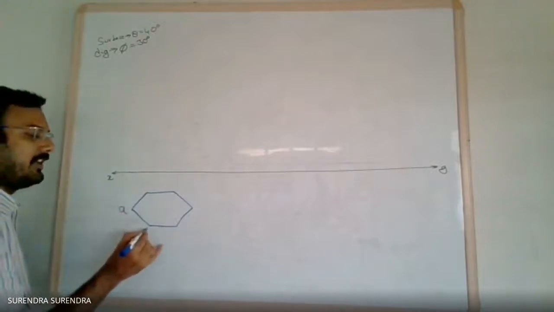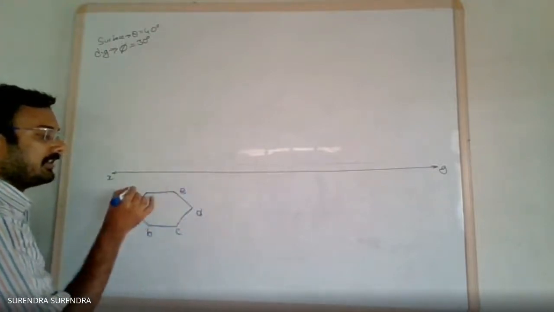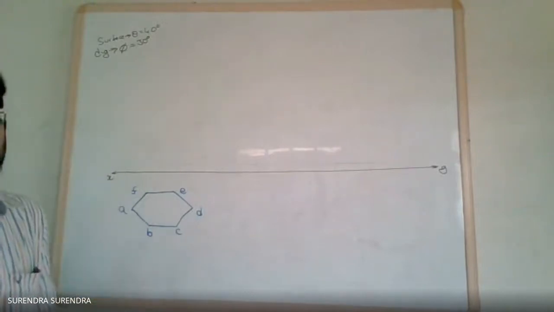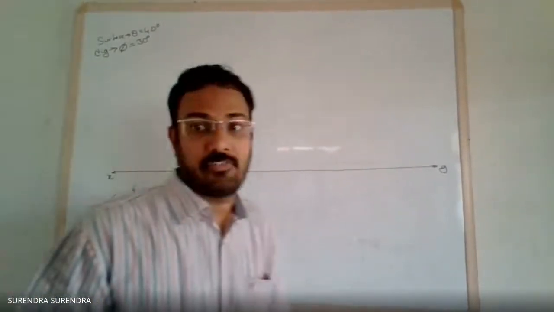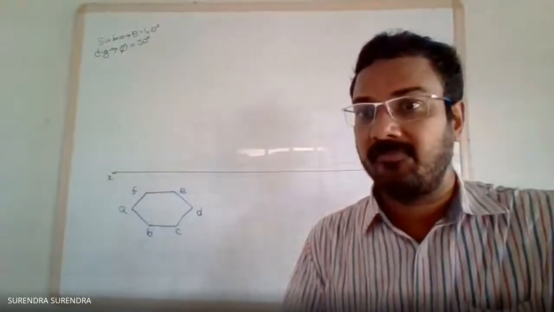Let the points be A, B, C, D, E, and F. Now project all the points to the front view. After projecting to the front view, again read the problem. Is there any condition given?